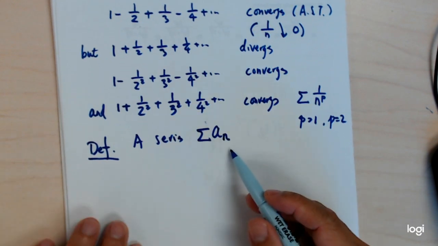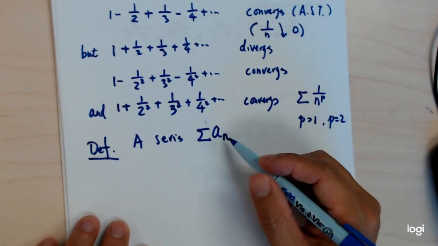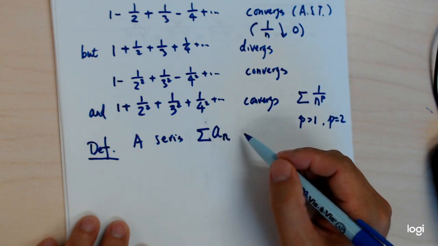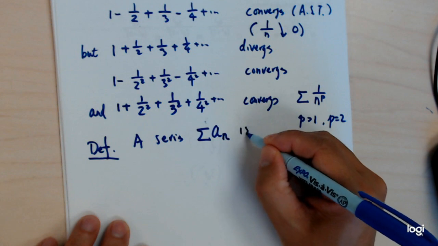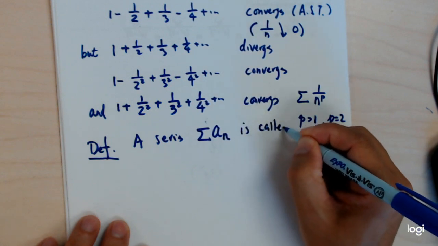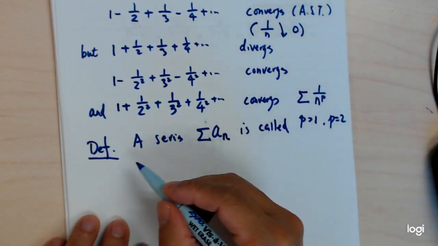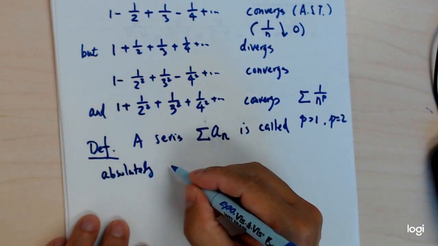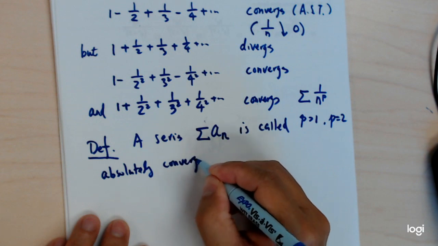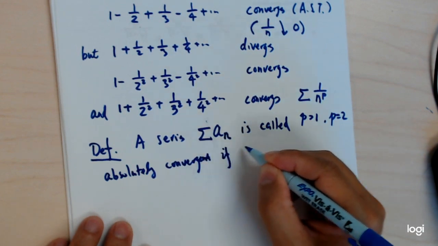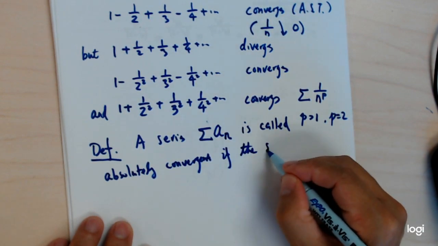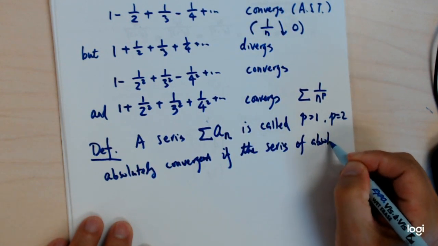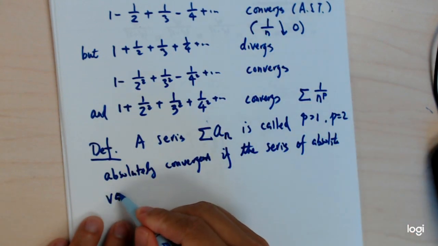So a series, it may be a series with some negative terms in there. Then I can take the absolute value. So we call this absolutely convergent if the series of absolute values converges.